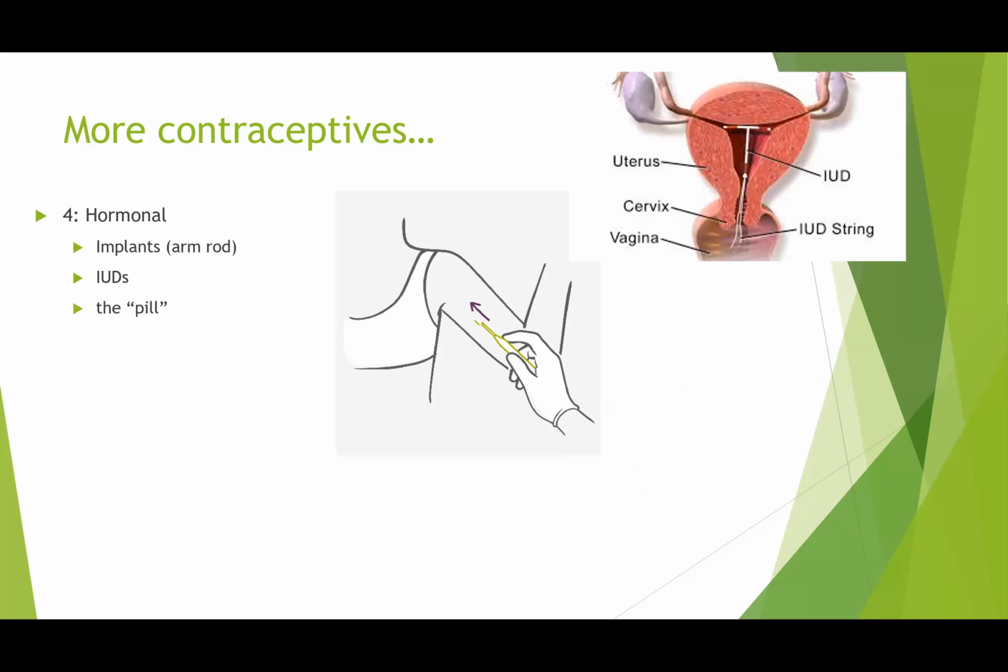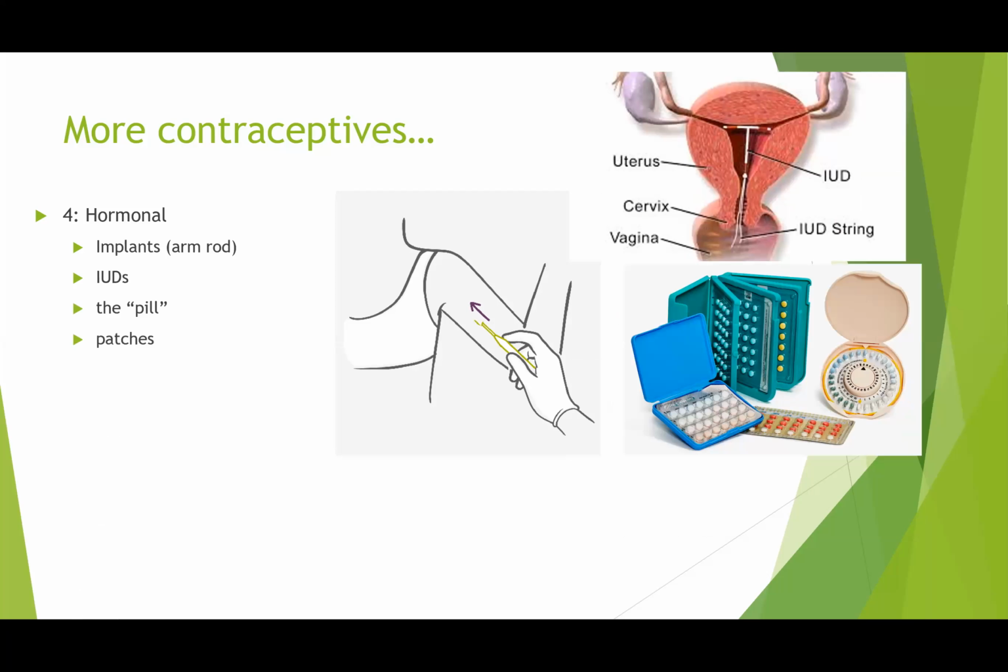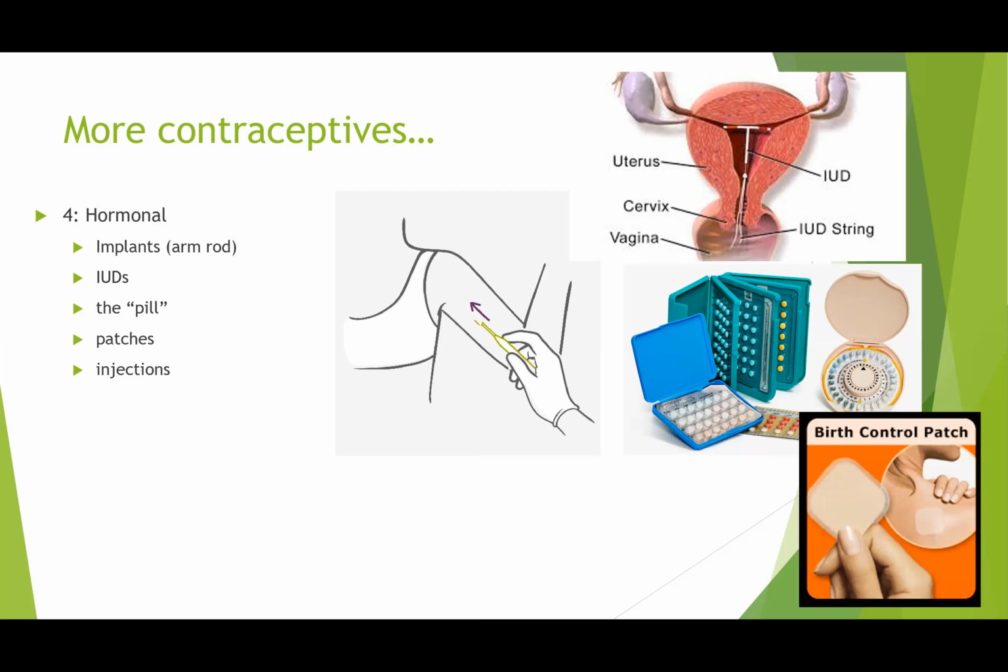Then you got the pill. This is the most basic one. It's just hormones in pill form. Then you got patches, which look a little bit like this. I don't think you have to put them at a specific point in your body, but mostly I've seen them on the shoulder or where the arm rod would go.